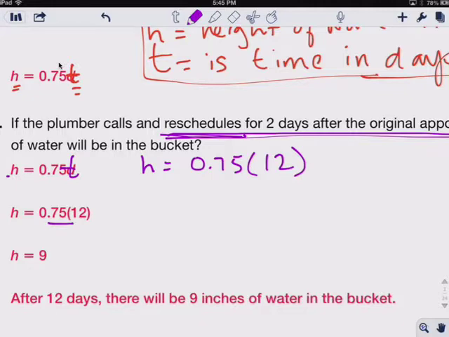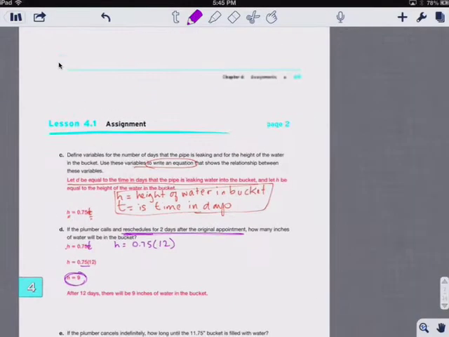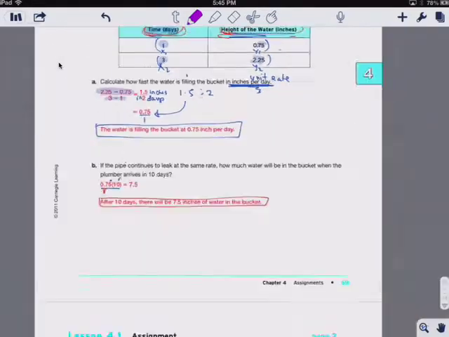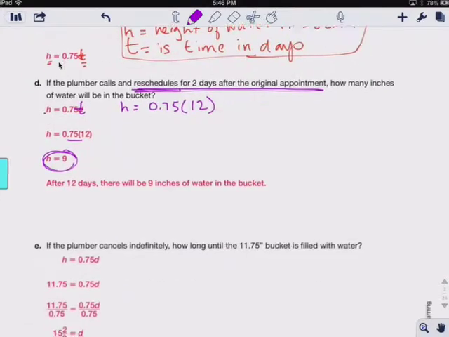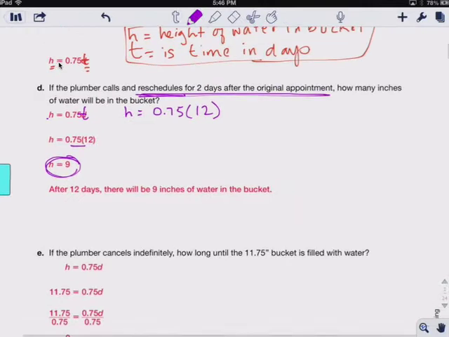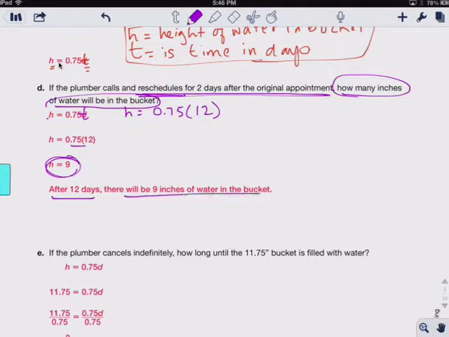And then when you multiply it equals 9, the height. 9 what? The height in inches. Okay, that's 9 inches. So answer it. How many inches of water will there be in the bucket? After 12 days, there will be 9 inches of water in the bucket.